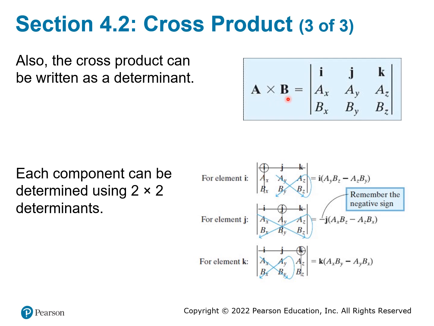So A cross B does not have to be equal to B cross A. You have to follow the order and put the components in the right order. And then you just follow this determinant calculation, and you can find out the result of this cross product. I'm not going to go into the detail of this calculation. You're supposed to know how to do this. If you don't, do some exercises to understand how to do this cross product.